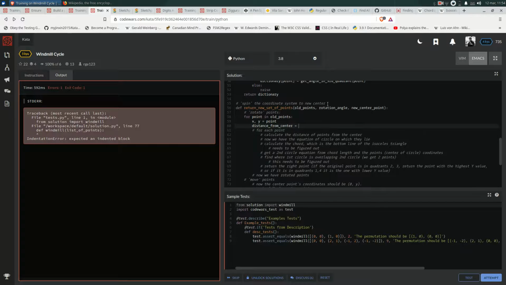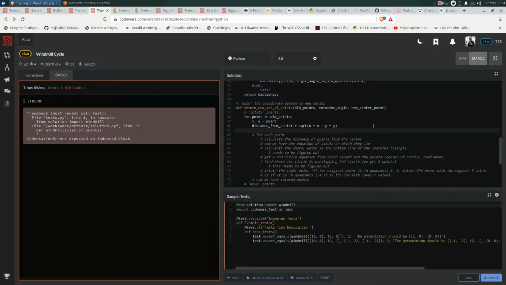So here we say distance from center is x, everything square rooted. So x times x plus y times y, classic Pythagoras.